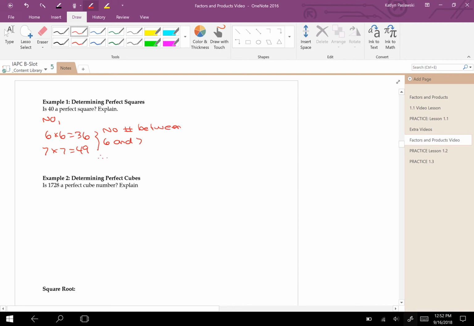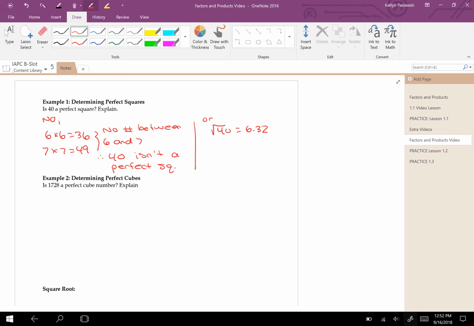So therefore, 40 isn't a perfect square. Or you could think the square root of 40 is equal to 6.32, and 6.32 is not an integer, it's a decimal, so therefore not a perfect square.